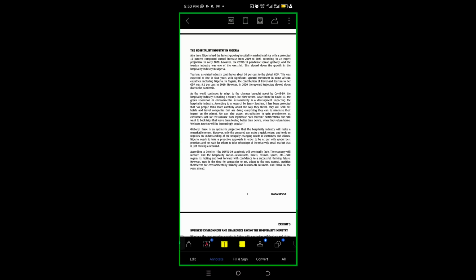According to Deloitte, the COVID-19 pandemic will eventually fade, the economy will recover, and the hospitality sector, restaurants, hotels, casinos, sports, etc., will regain its footing and look forward to a successful, thriving future. However, now is the time for companies to act, adapt to the new normal, position themselves for environmentally friendly and sustainable business and thrive in the years ahead.